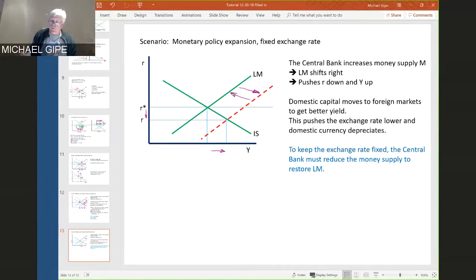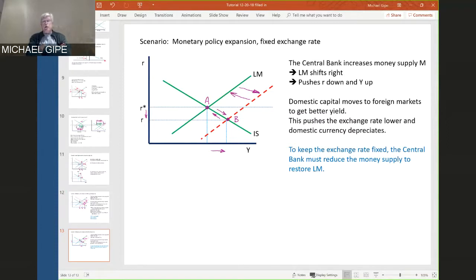So we're going to go from point A here to point B, and then back to point A. So by holding to a policy of a fixed exchange rate, basically that removes the flexibility that the central bank has for monetary expansion.